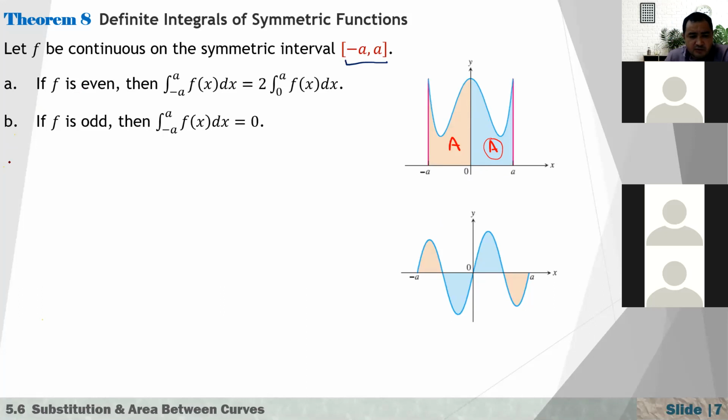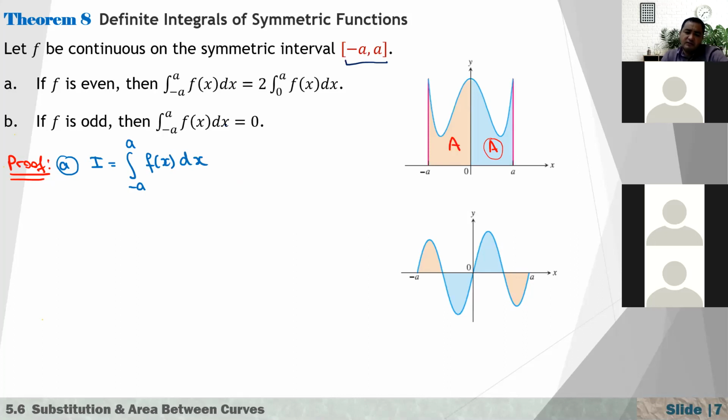I'm just going to make use of the substitution method to prove this. The first part is part A. Let's say our integral is I. We are going to calculate this from minus a to a, of f of x dx, and keep in mind that f of x is an even function.